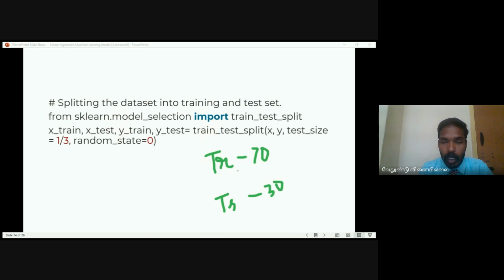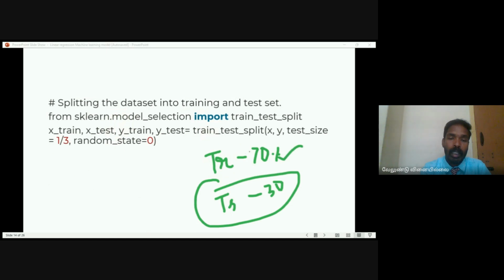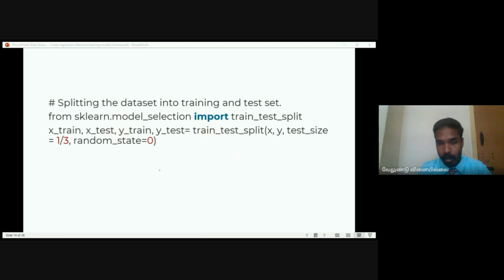Therefore, here you can see x train, x test, y train, y test from train test split of x and y, with test size 1/3. Test size 1/3 means only 1/3 of the data is given for testing, and the remaining is given for training. That is the thumb rule for dividing our data set into training as well as testing.